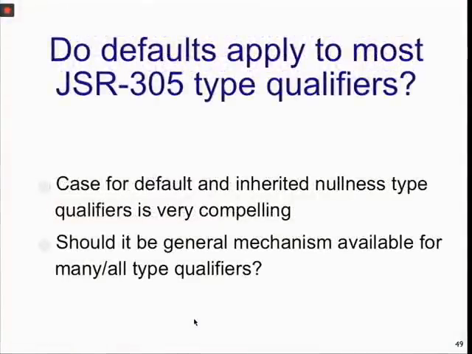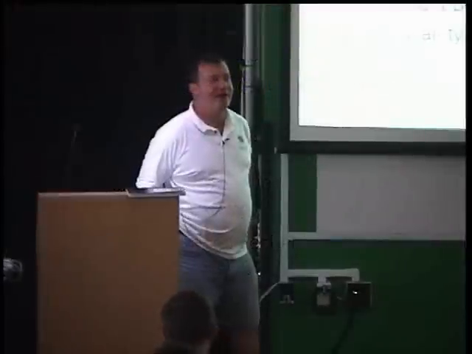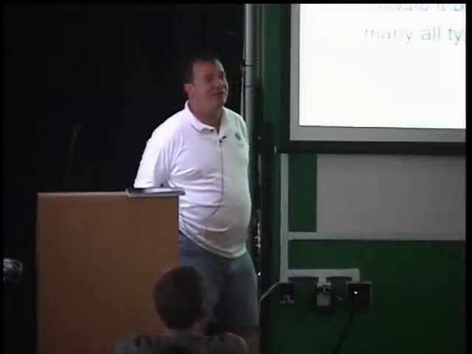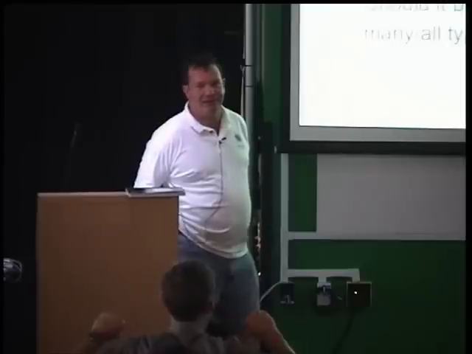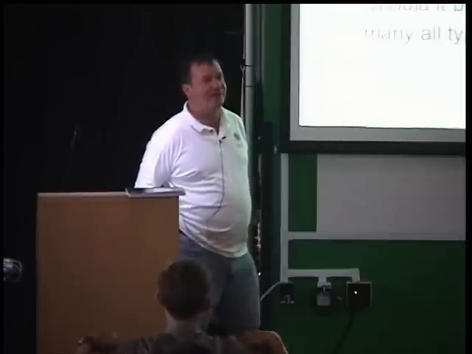Question? Yeah. Does that mean I could override an equals method in the subclass saying non-null is not, sorry, I can change the nullness of that equals method in the subclass? All right, so the question is, could you change the nullness parameter for an equals method? First off, you can do whatever you want. JSR-305 won't forbid it because we don't really say how your tool has to interpret these.